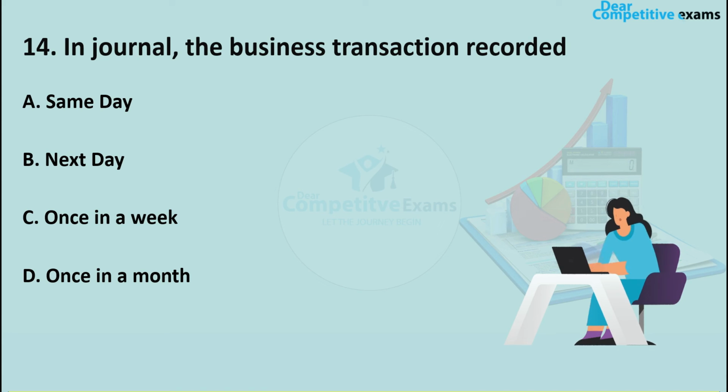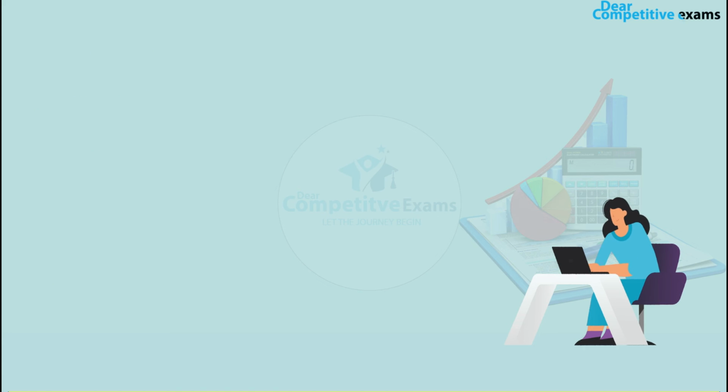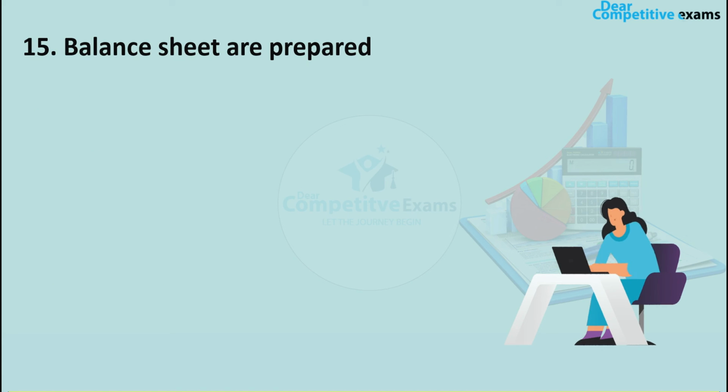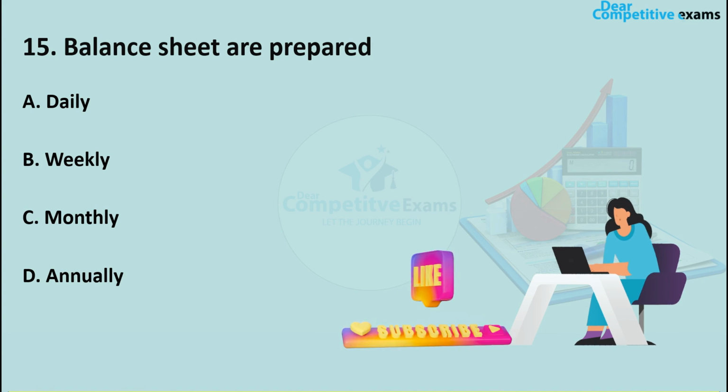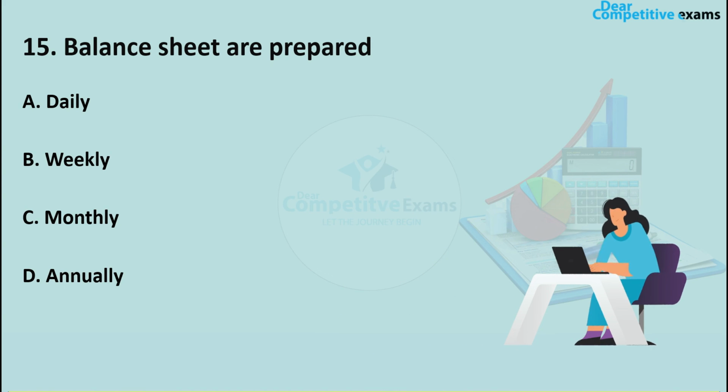Okay, let's move to question number 15. Balance sheets are prepared daily, weekly, monthly, or annually? So when does the balance sheet actually get prepared? Daily basis, weekly basis, monthly basis, or annually, yearly basis? The right answer is annually. Friends, balance sheets are prepared annually.